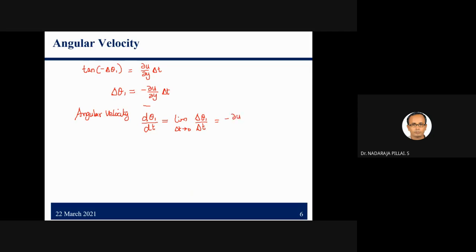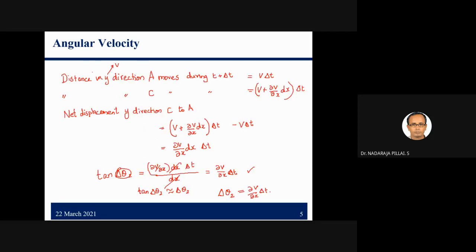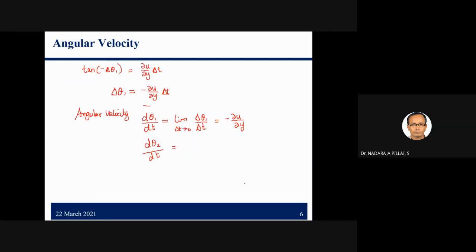Minus dou u by dou y. Similarly, d theta 2 by dt is equal to dou v by dou x, right?